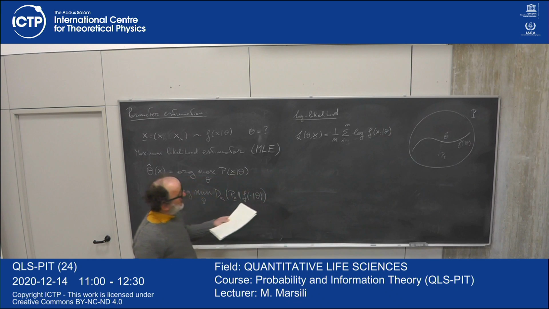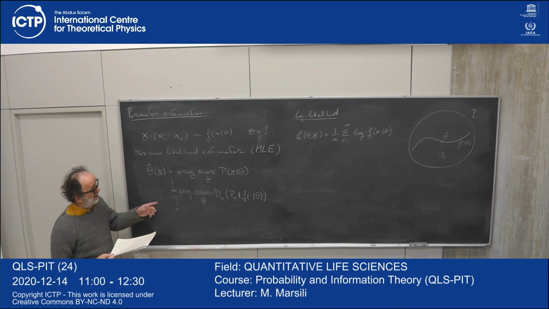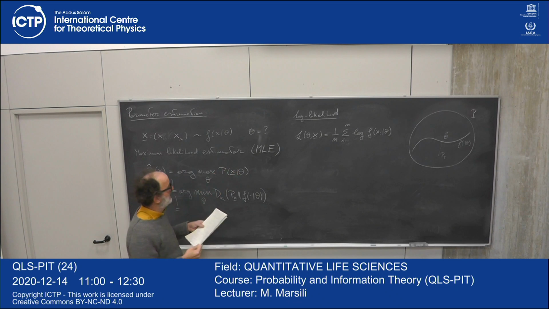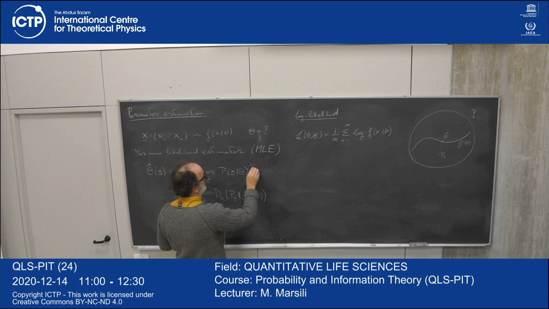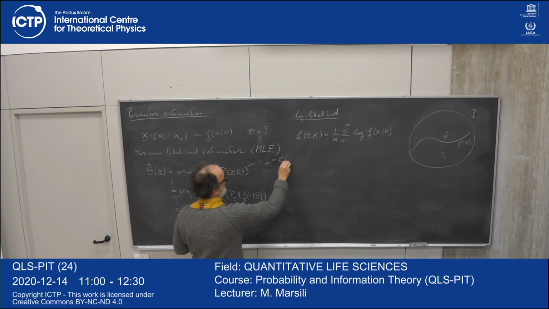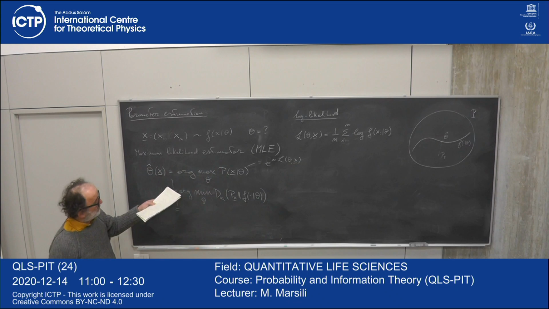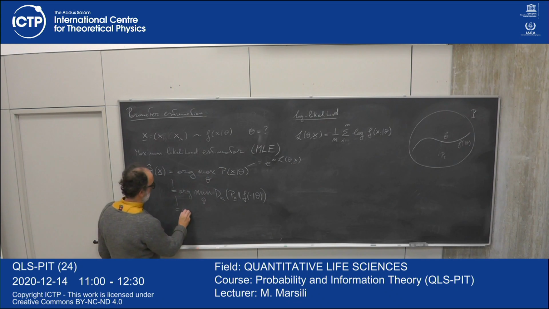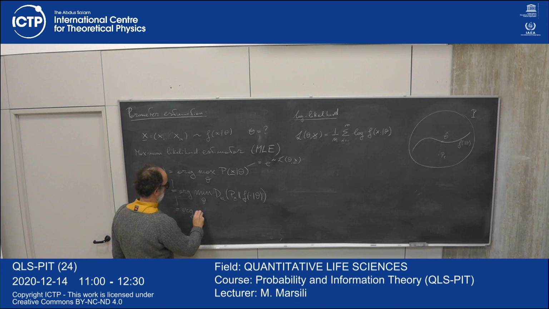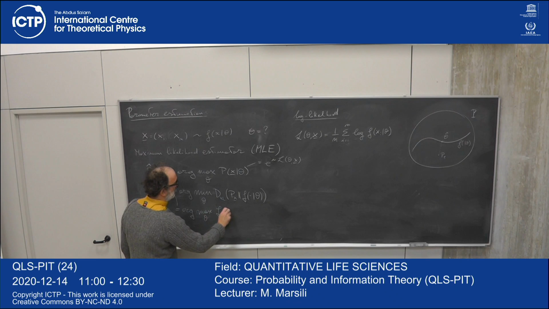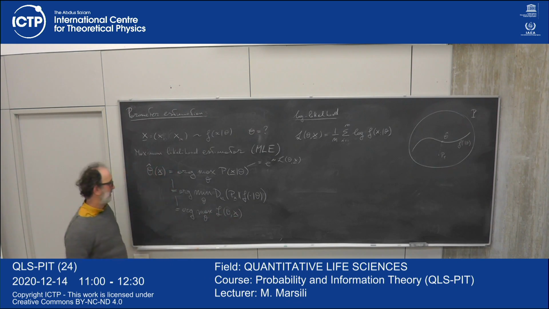So it is clear that this probability is equal to e to the n times the log likelihood of theta and x, and so this maximization can also be written as a maximization of this function, the log likelihood.